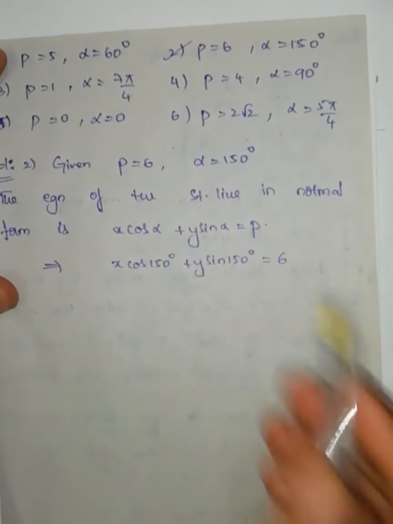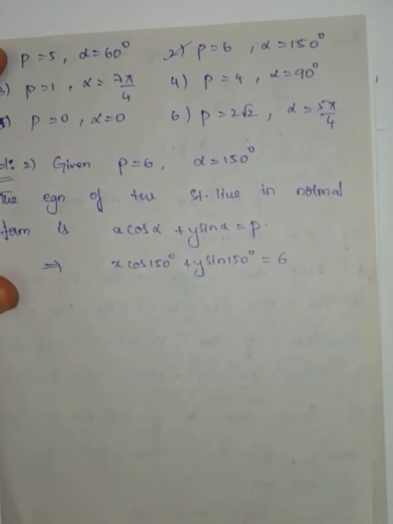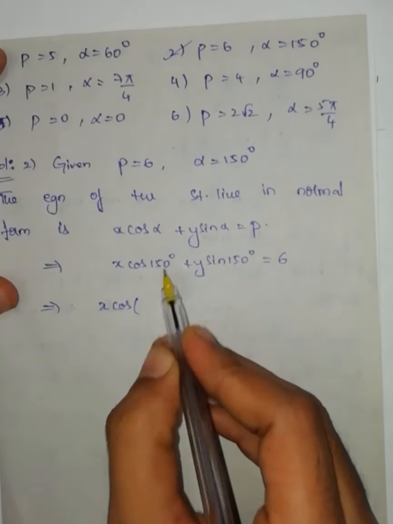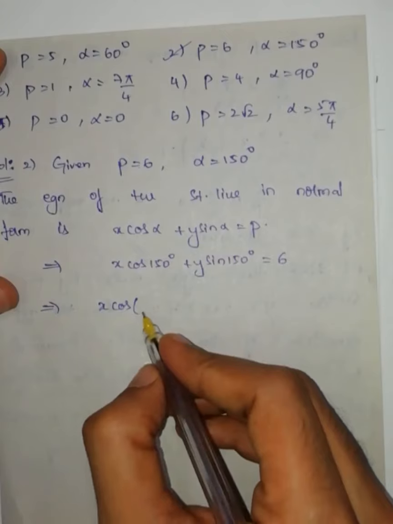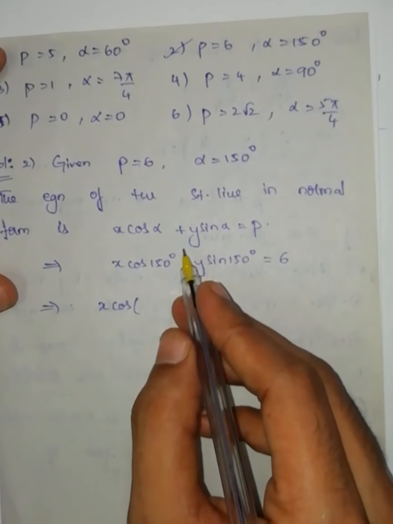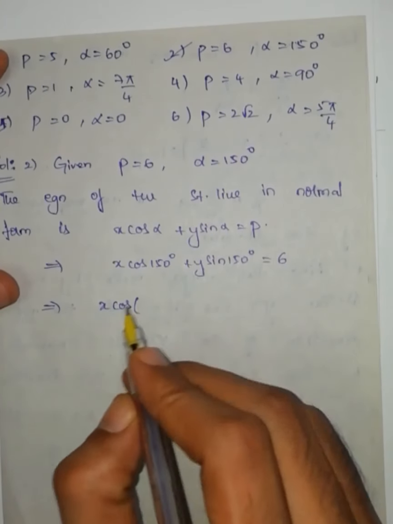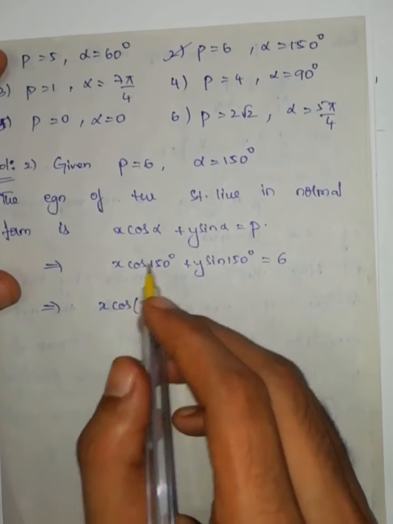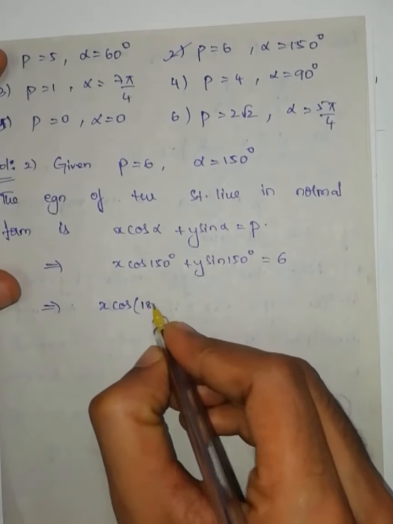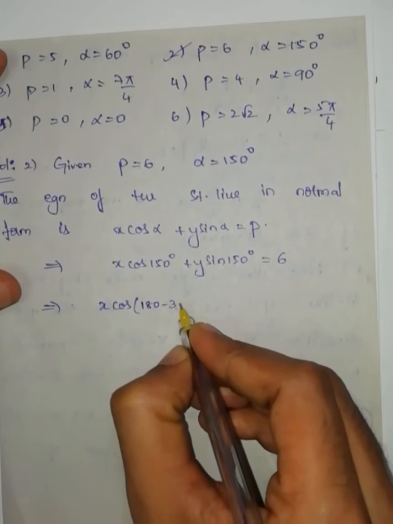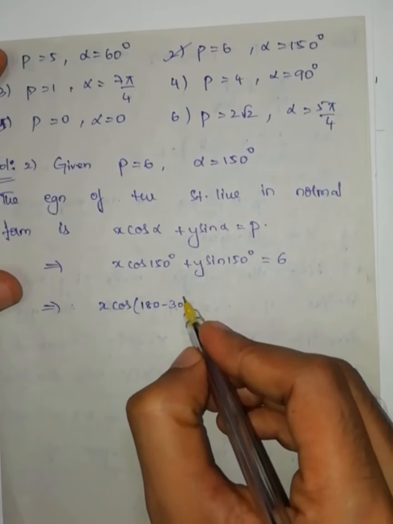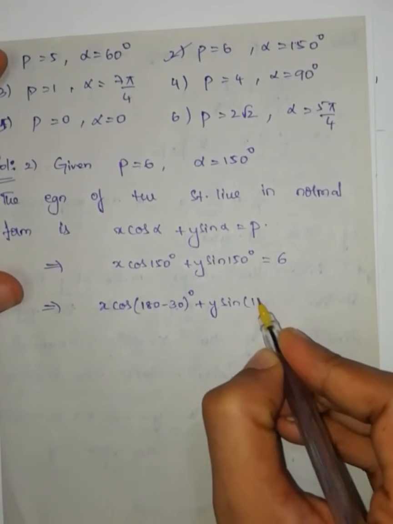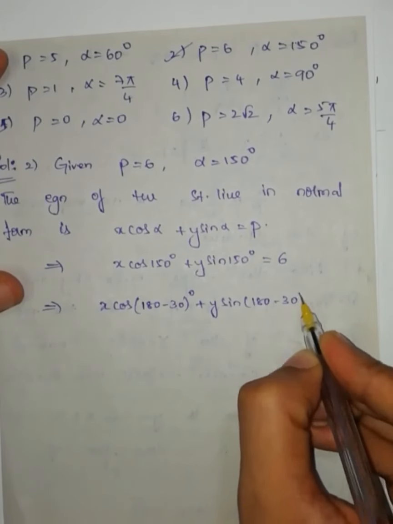I just substituted these two values. Now cos 150 can be written as 90 plus 60, or you can write 180 minus 30, whichever you wish. I am going to write 180 minus 30, plus y sin 180 minus 30.